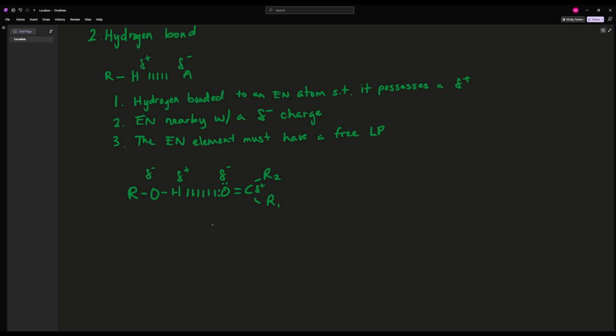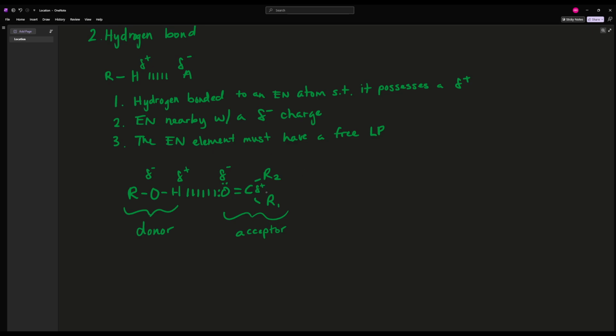Now, what this ends up giving us is a donor of the hydrogen bond and an acceptor. In this case, here is our donor. It is giving the hydrogen. This is our acceptor of the hydrogen bond because it is grabbing onto that hydrogen through that electrostatic interaction.